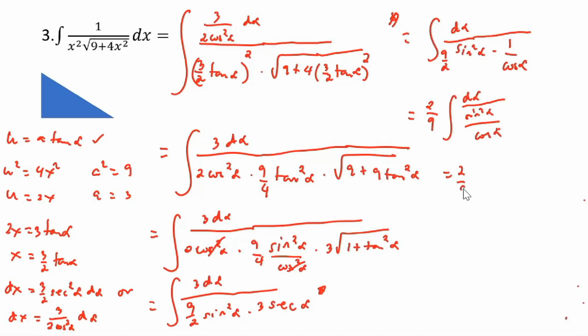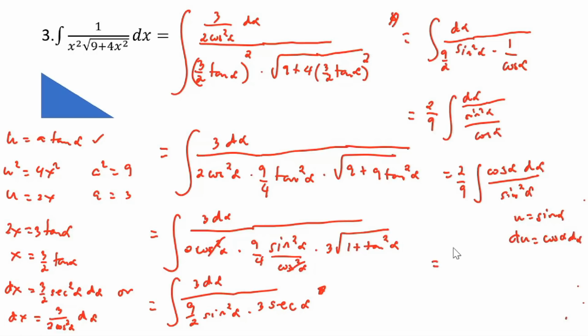So we can write now the quotient as cosine alpha d alpha over sine squared alpha. So in this case, I'm going to write u as sine alpha, and then the derivative of that will give us cosine alpha d alpha.